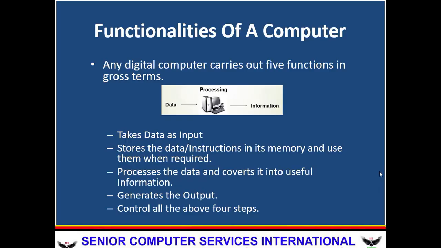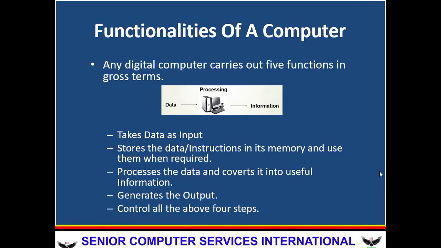It should be able to store data or instructions in its memory and use them when required. If I want to do printing, it should be able to store that instruction or that data that will be printed later. Any computing device should be able to process data and convert it into useful information.